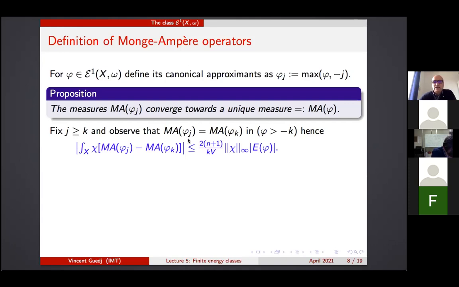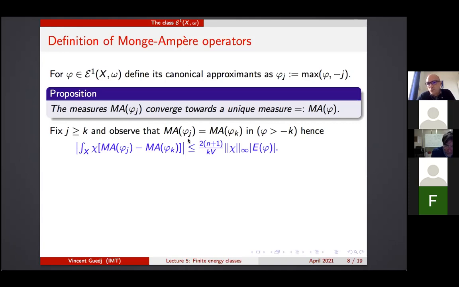And the reason is that this difference is 0 where phi is bigger than minus k, and where phi is less or equal than minus k, you can use the inequality to simply bound from above the difference by the summation of the terms, and then you add artificially phi_j on the Monge-Ampère of phi_j and phi_k on the Monge-Ampère of phi_k.